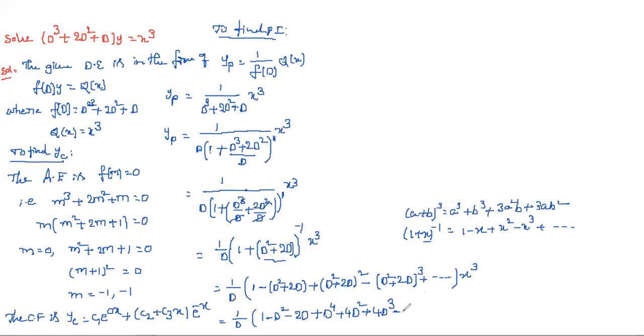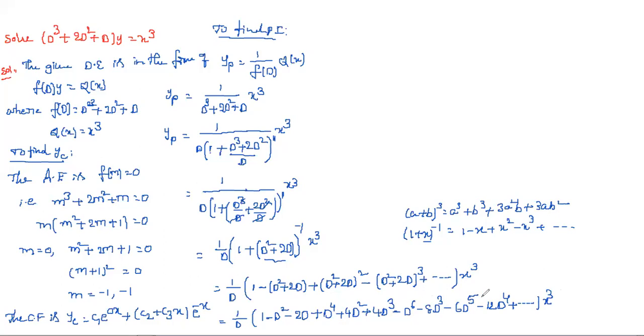So (d square) whole cube is d power 6, and minus 2 cube is 8d cube, and next minus 3a square b, so 3a square b is nothing but 6d power 5, and minus 3ab square. So 3ab square is 4 into 3, 12 d power 4, plus and so on, into x cube.